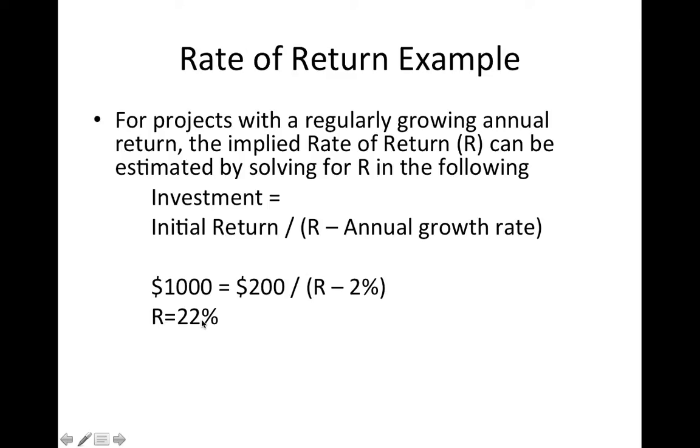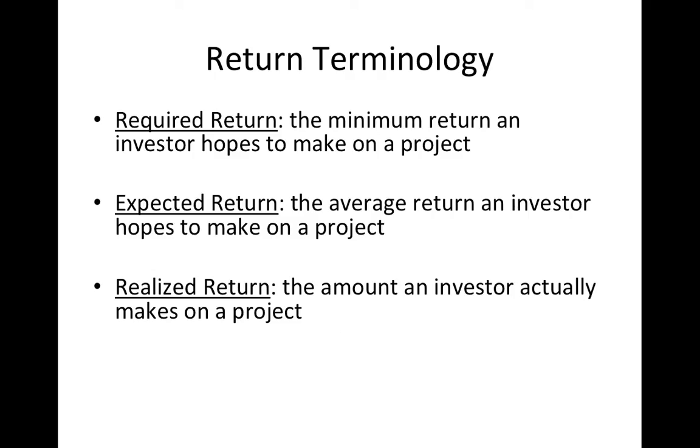I leave that for you to do. It's a simple algebraic solution. It comes back and basically says, oh, so R, which I'm using as our rate of return, is 22%. It doesn't take a rocket scientist to figure that out.